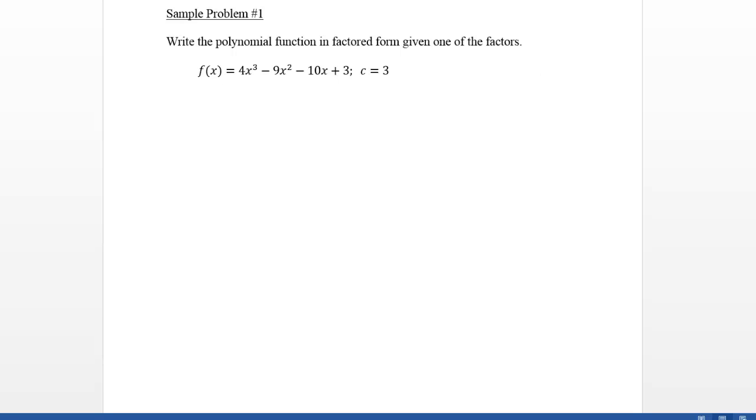If you recall, it gives us a factor c equals 3. We were doing x minus c, so in this case that's x minus 3, but the 3 value was the value that we were using for the synthetic division. We know we're being told that it's a factor, so we want to go ahead and find the depressed polynomial and see if we can factor it any further as well.